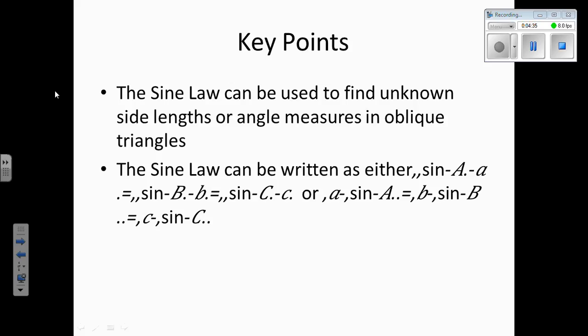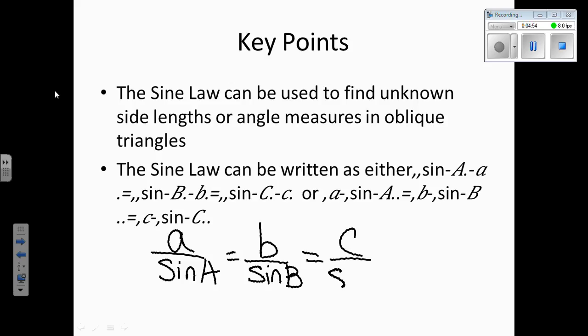I need you to write this on your sheet, because now we're actually going to do one of the problems.